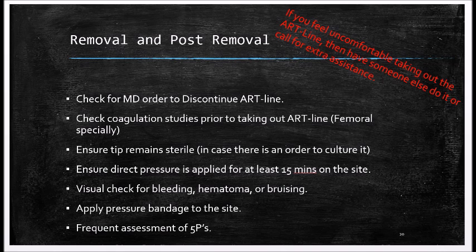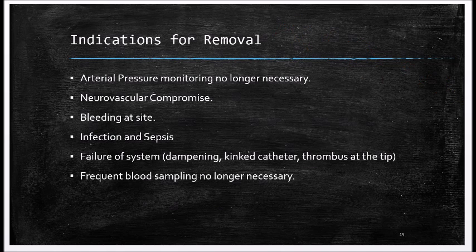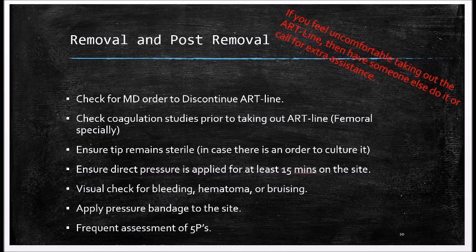If there's any of the indications for removal, I mean, if the patient's septic and the art line is kinked and stuff, a lot of times nurses are able to take out the arterial line and let the doctor know, with obviously a sound judgment of why it was taken out, right? And 99% of the time the physicians will agree, and that's okay, but always check your doctor's orders first.